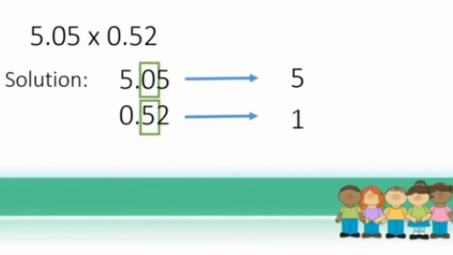That becomes 1 plus 0 is equal to 1. Therefore, 0.52 is estimated to 1. So let's multiply the estimated decimal numbers. 5 times 1, the answer is 5. That's great!